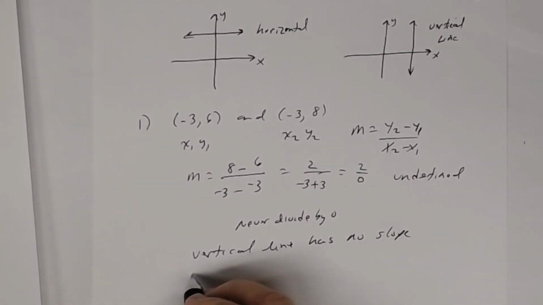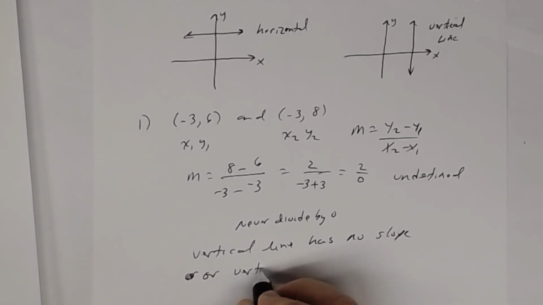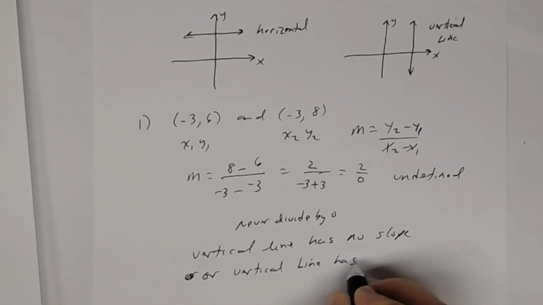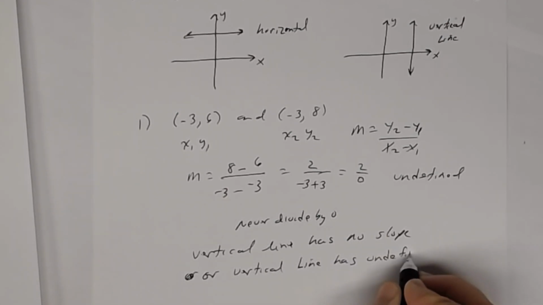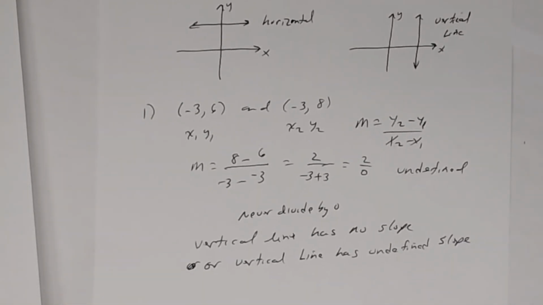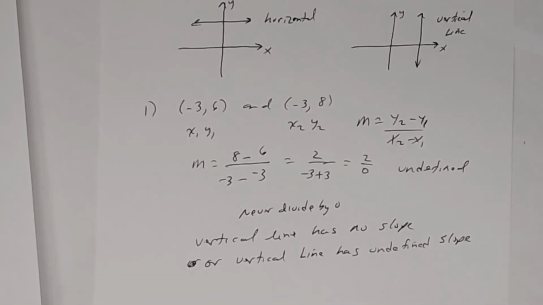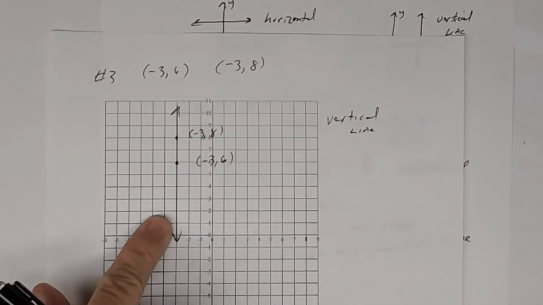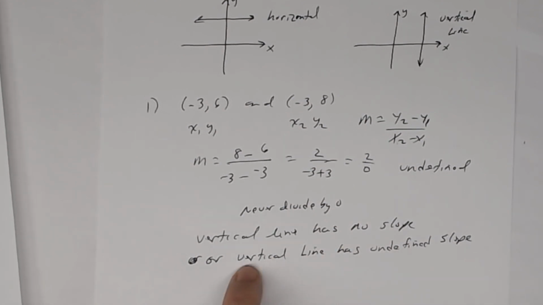Another way of saying that is that the vertical line has undefined slope. Okay, undefined slope. So the slope is undefined. A vertical line has no slope, or we can say the slope is undefined.